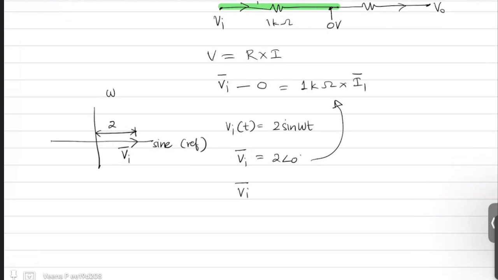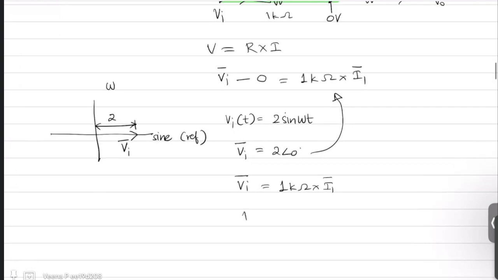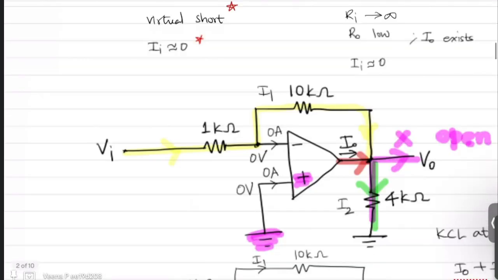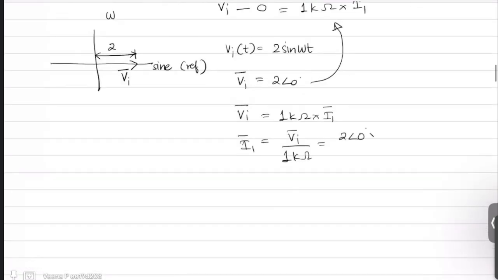So Vi is 1 kilo ohm times I1. That means my I1 is Vi divided by 1 kilo ohm, where Vi is 2 angle 0 millivolts. I multiply it by 10 raised to minus 3 to make it volts, divided by 10 raised to 3 ohms. So this becomes 2 angle 0 times 10 raised to minus 6 ampere.